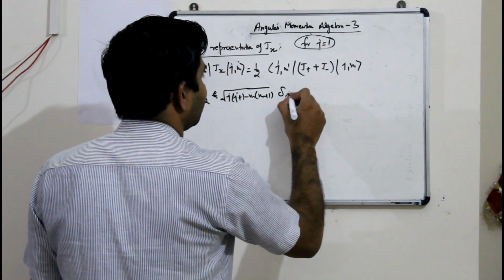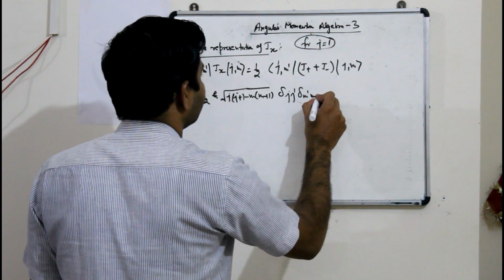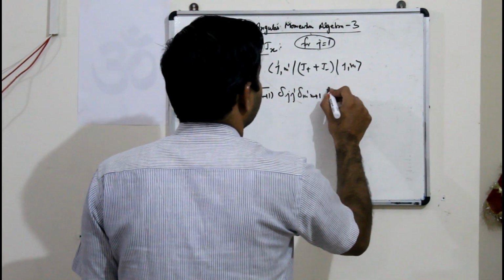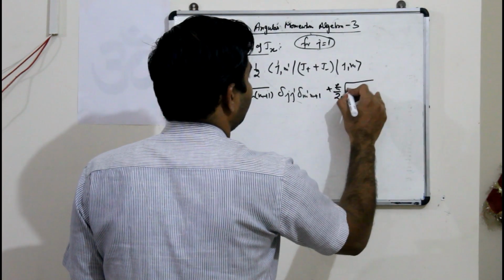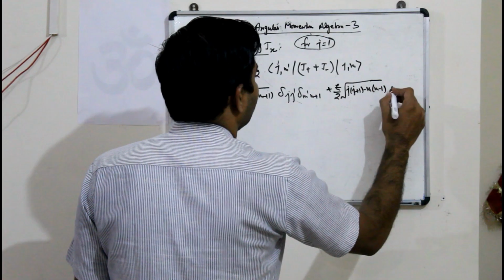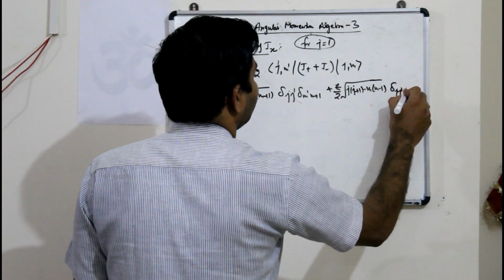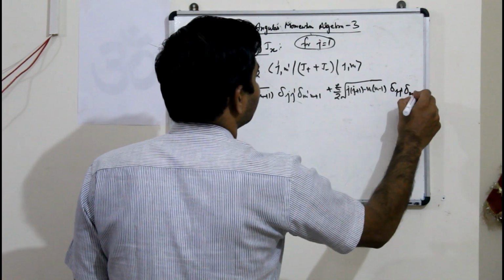Delta j prime j, delta m prime m plus 1, plus h cross by 2 under the root j plus 1 minus m minus 1, delta j prime j, delta m minus 1 m prime.